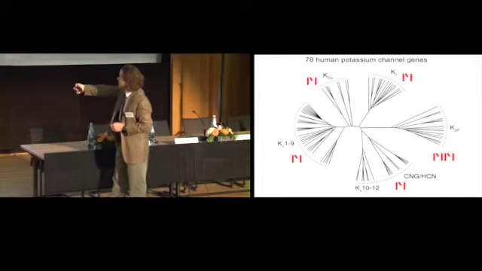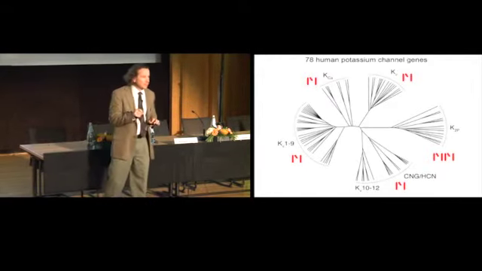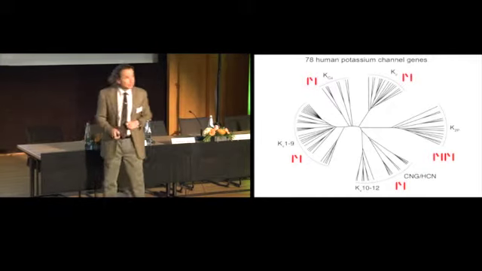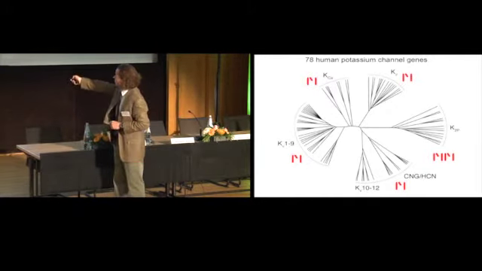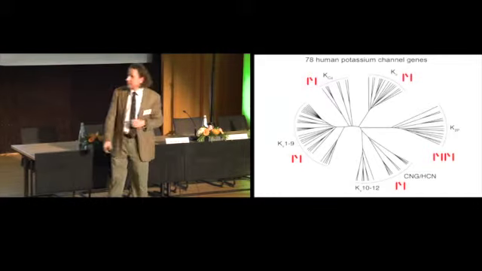But what's interesting is inside here I show some electron density with some atoms in it. These are potassium ions inside the protein, and in fact that's a potassium ion surrounded by water molecules. You can see the electron density for this.